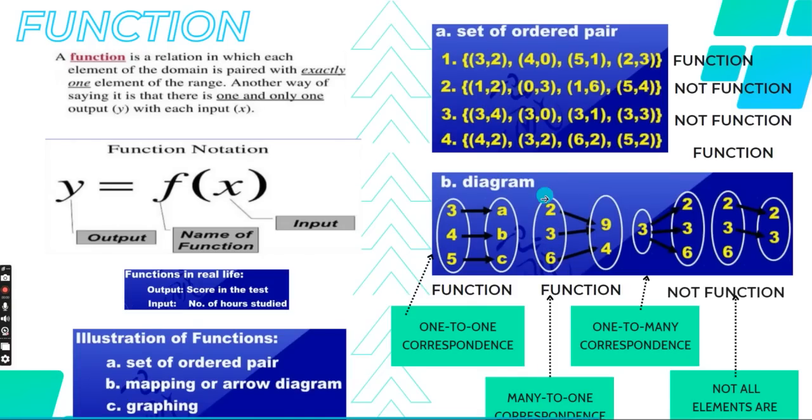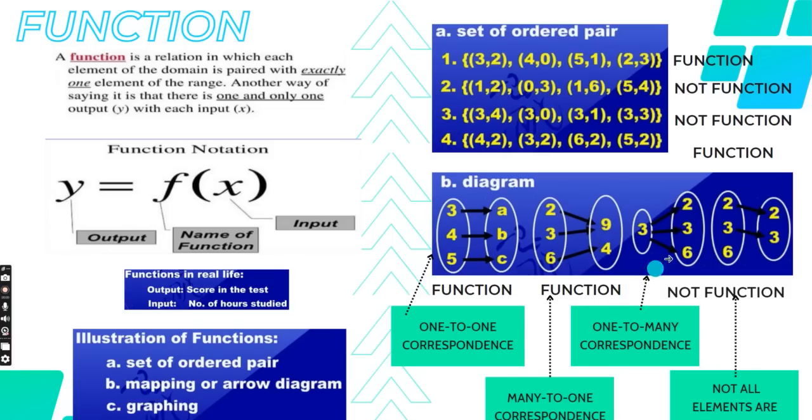That means, maraming domain ang na-map sa iisang range. So if we write it, (2,9) and (3,9). 9 is repeated, and that is the range. There is no domain that's being repeated, so it's a function. Many to one. Marami para sa isa.